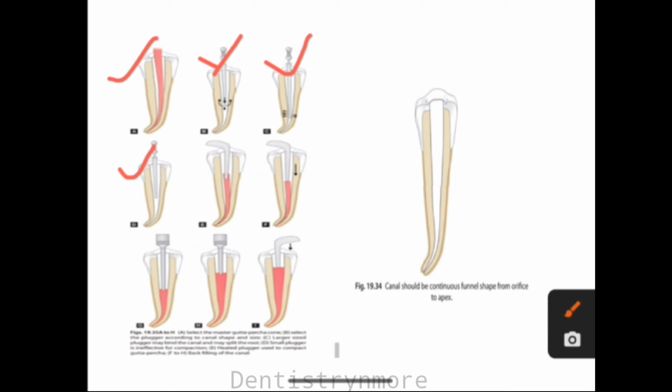The next figure shows the heated plugger that is used to compact the gutta-percha. From figures F to H you can see backfilling of the canal. A preheated plugger is used to compact the gutta-percha so that it is compacted at the apex.